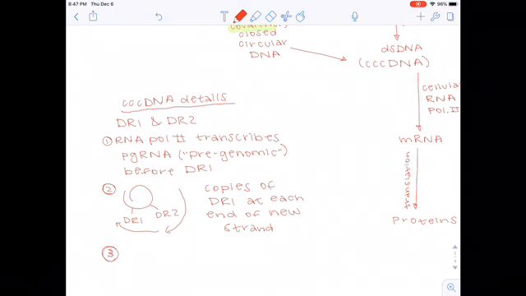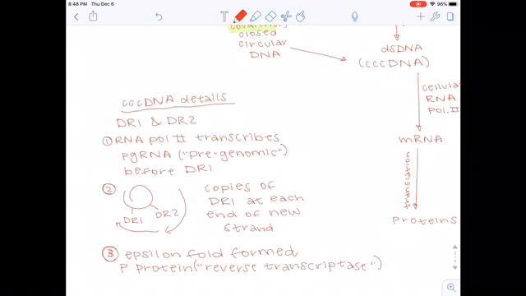So part of the strand forms the epsilon fold. And this is where the P protein, which is the reverse transcriptase, binds. And you might be wondering where this came from.